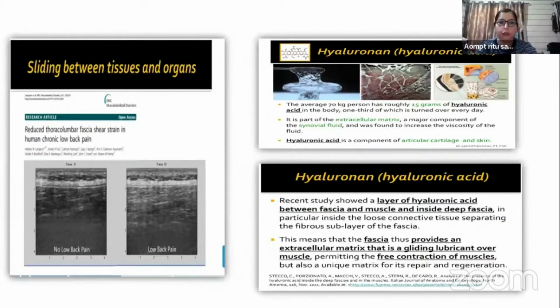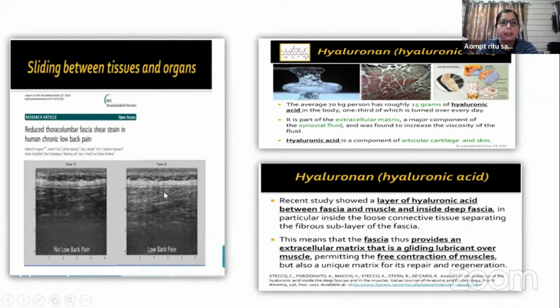And in this picture itself, you can understand that this is an article on the reduced thoracolumbar fascia shear strain in human chronic low back pain. In this picture, there is no low back pain, but this is the picture with low back pain.